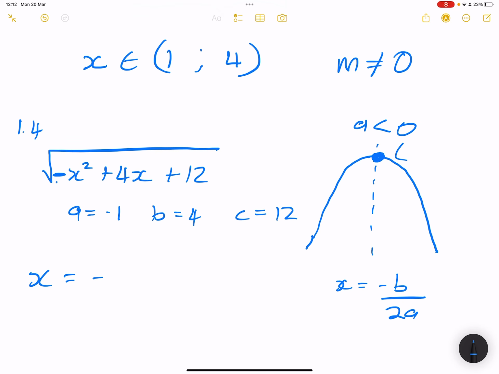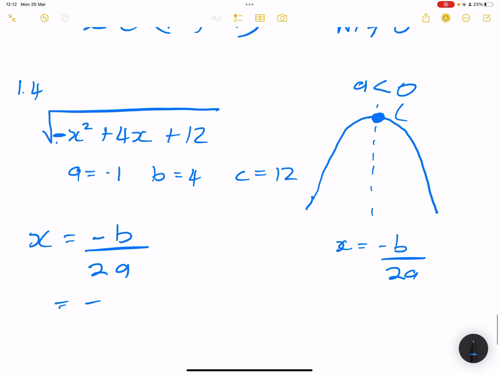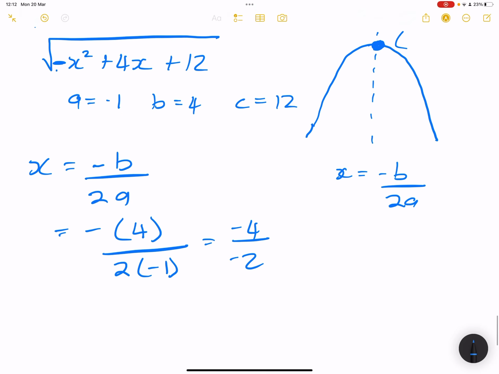So that's negative 4 divided by 2 times -1. So you've got -4 divided by -2, and it means that your x value at the turning point would be equal to 2.